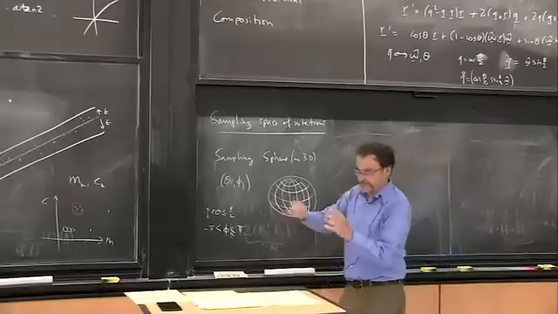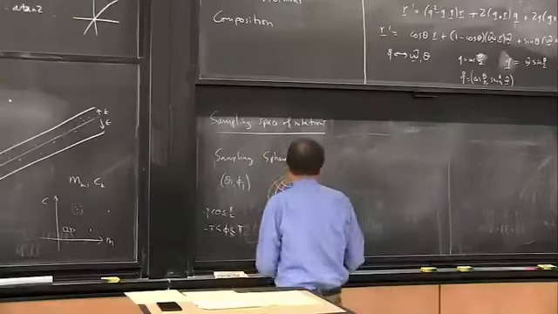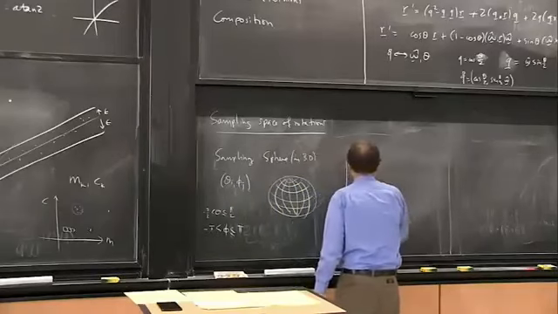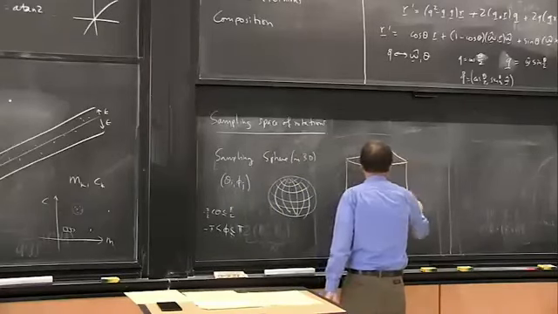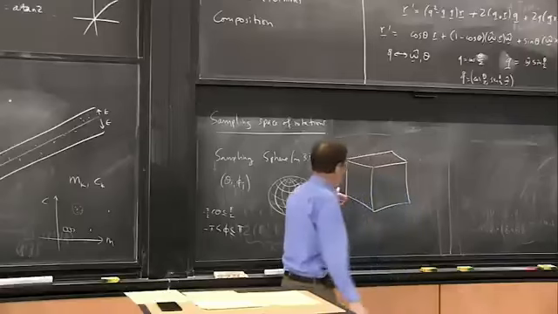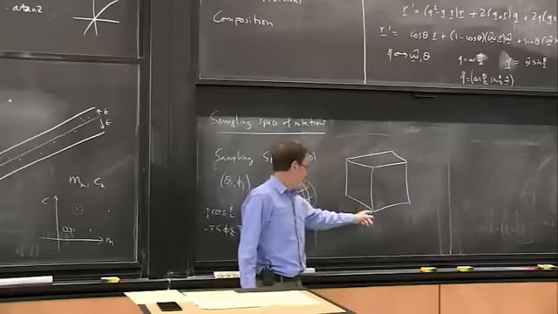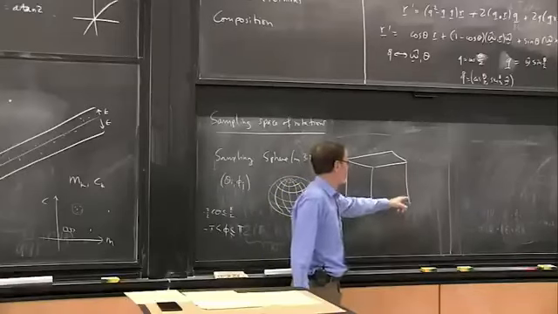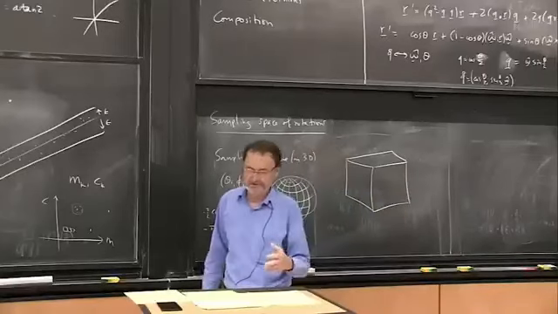Well, the trouble is we've got this curved surface. If we had a Cartesian world, it would be easy to sample. If I have a cube, I can just have a uniform distribution in X, a uniform distribution in Y, a uniform distribution in Z. I call the random number generator 3 times.